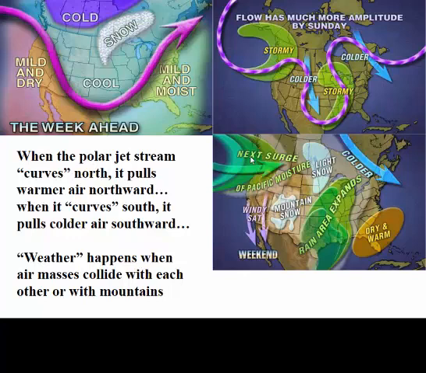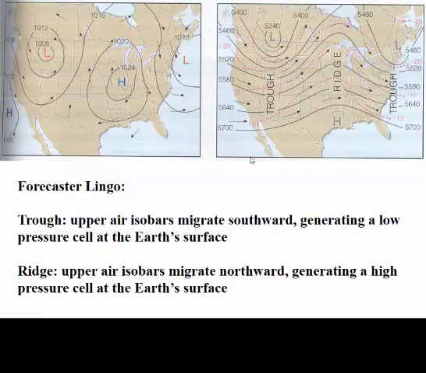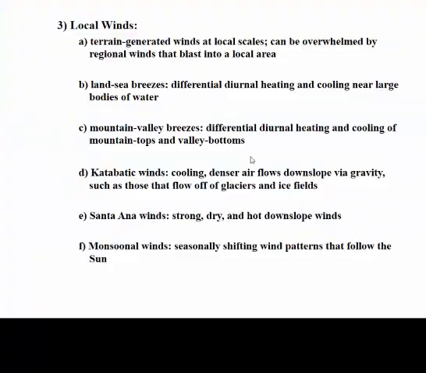And basically, weather happens when air masses collide with each other or with mountains, where we have some change. We have troughs, we've got ridges, we've got local winds, land and sea breezes, mountain and valley breezes, just basically due to differential heating.